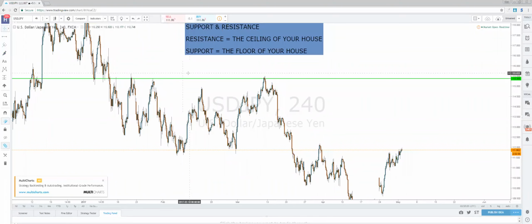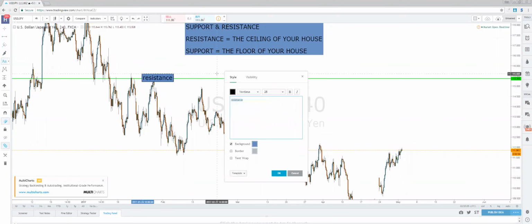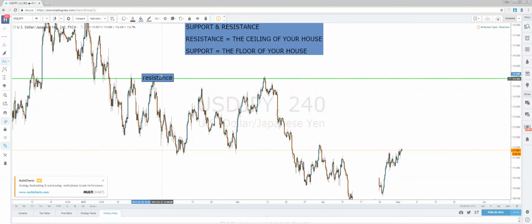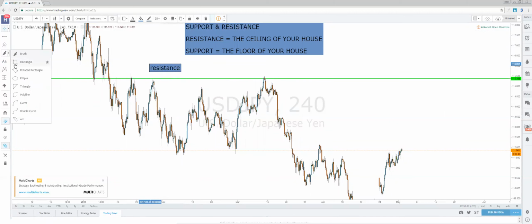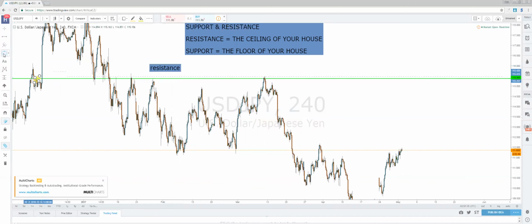This would be a resistance, because I have several points here: 1, 2, 3, 4, 5. Five different points where it hit this line right here and bounced off.